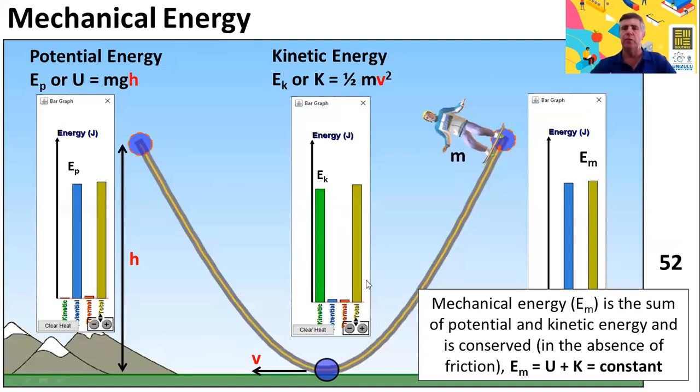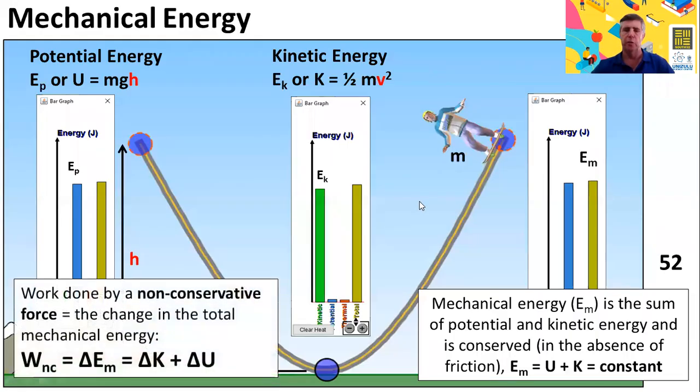So we discussed this, the idea that when you include friction into the mix, mechanical energy is not simply conserved, and some of it is changed into thermal energy, which is not useful. So in the absence of friction, mechanical energy is conserved, but where there's a non-conservative force, the work done by that force, usually friction, is equal to the change in the total mechanical energy.